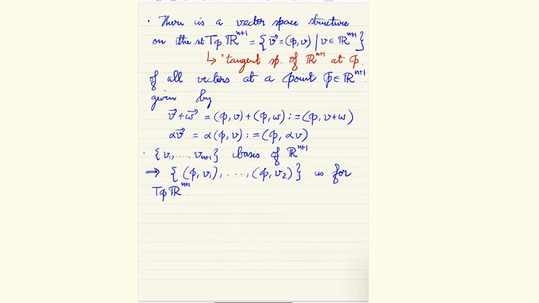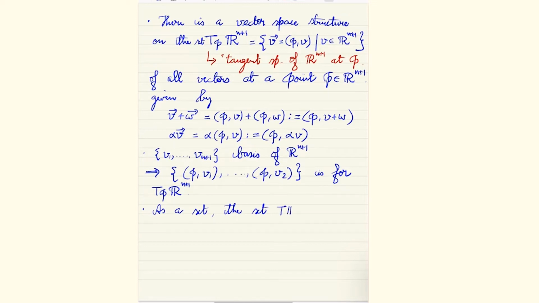So you can in fact look at, as a set at least, the set of all vectors at all points together. It's very useful to do this. In this case, it's rather trivial, but the idea itself is very useful.